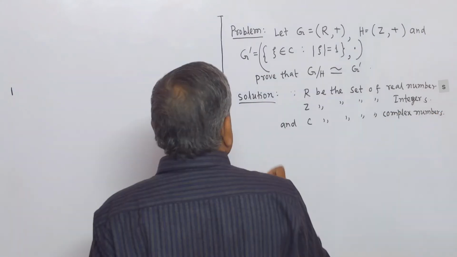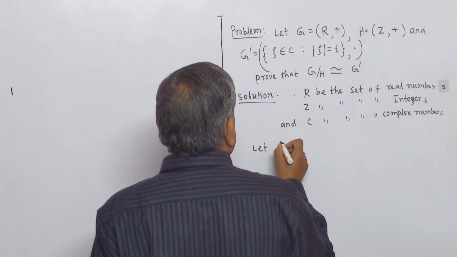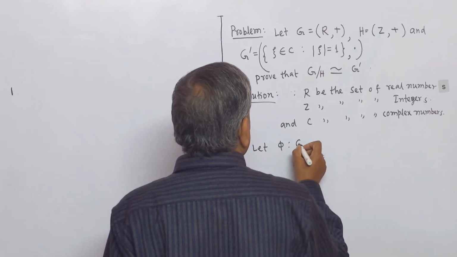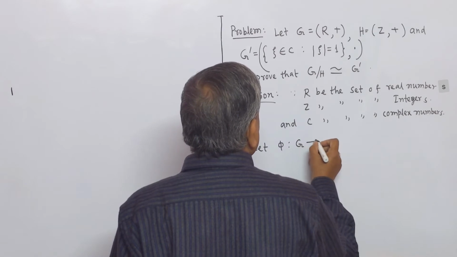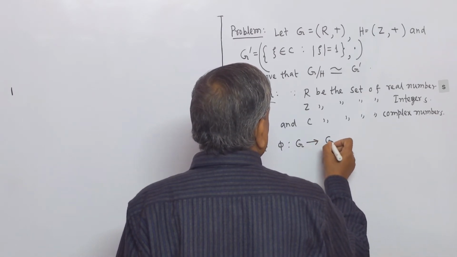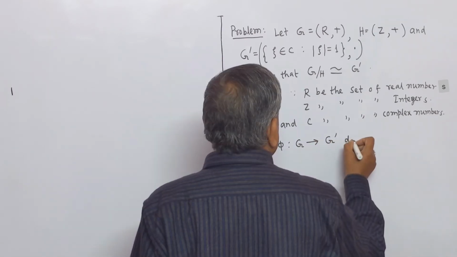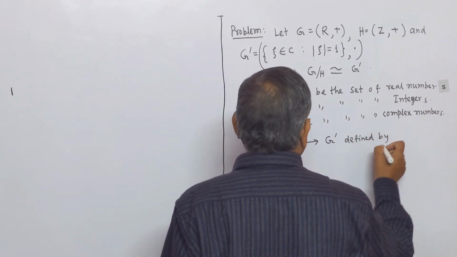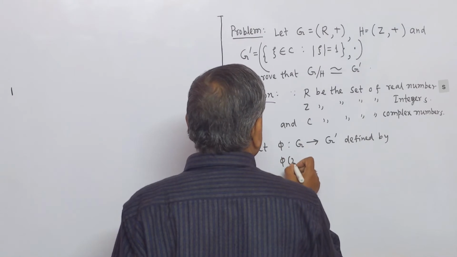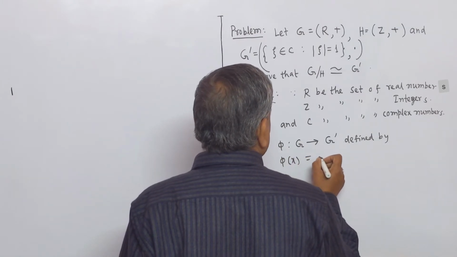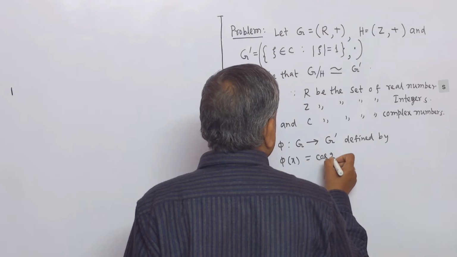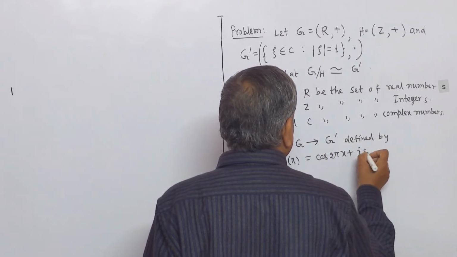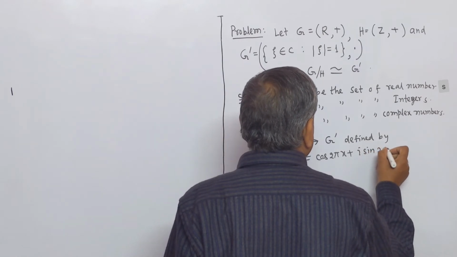Let phi be a mapping defined on G into G prime defined by phi x equal to cos 2 pi x plus I sin 2 pi x.